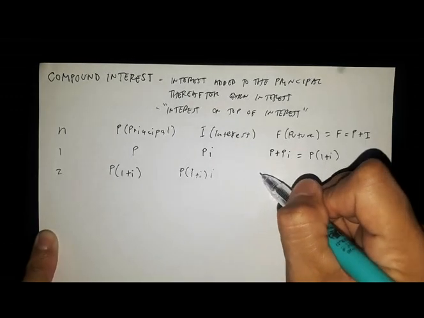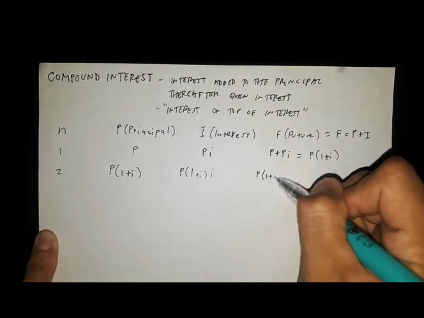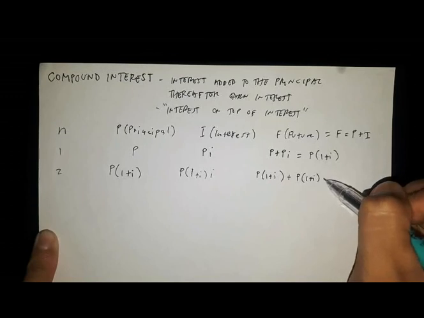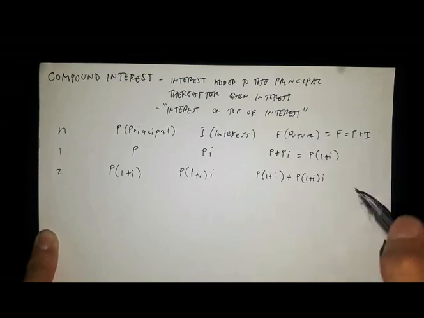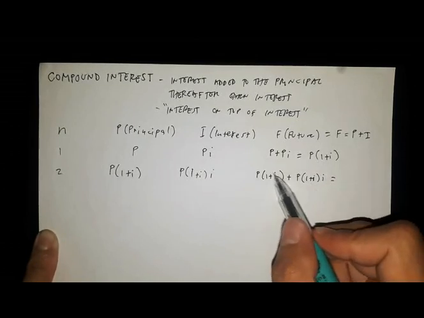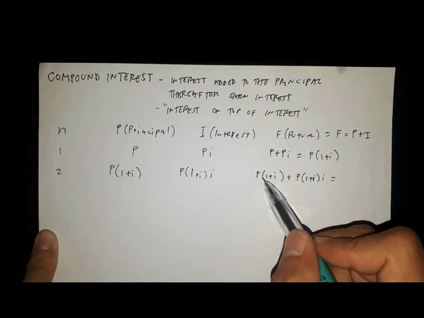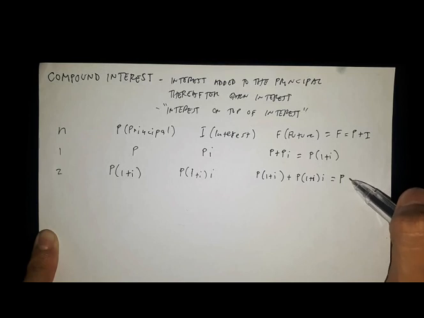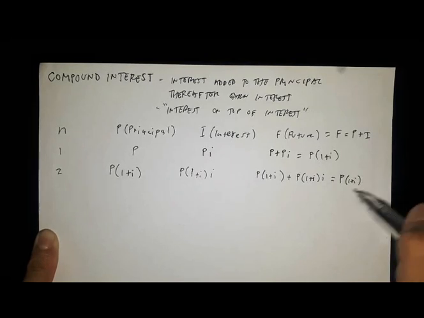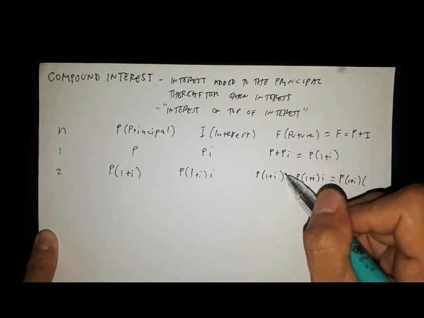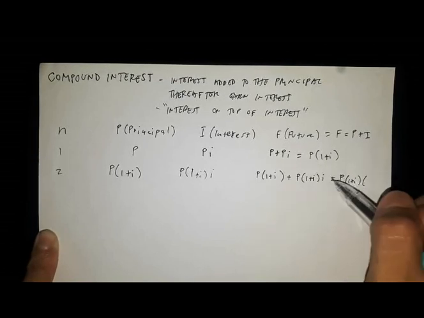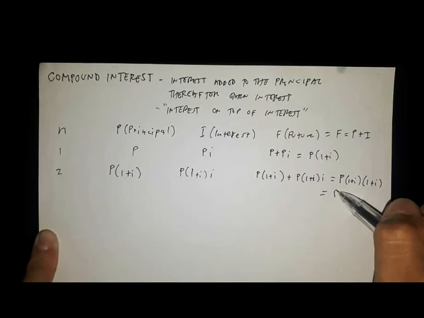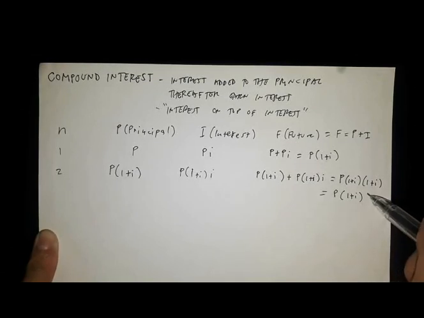So it will become P times 1 plus I plus P times 1 plus I multiplied by I. So we can factor out the same figure, P times 1 plus I, so it becomes P times 1 plus I, multiplied by 1 plus I. So this can be written as P times 1 plus I squared.